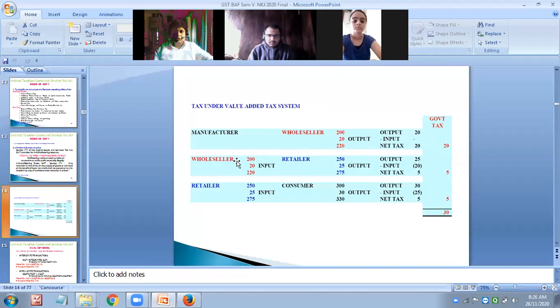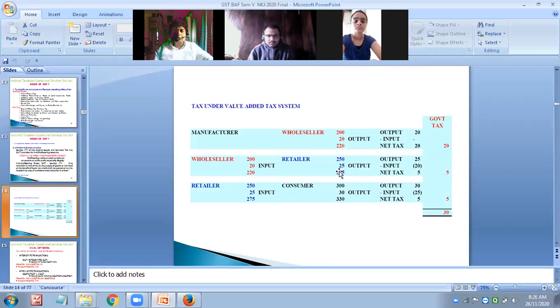When he sold the goods to the wholesaler, the wholesaler also made certain value addition and it rose to the value of 250. So he added 50 rupees over here. And the final tax liability on 250 comes as 25 rupees.